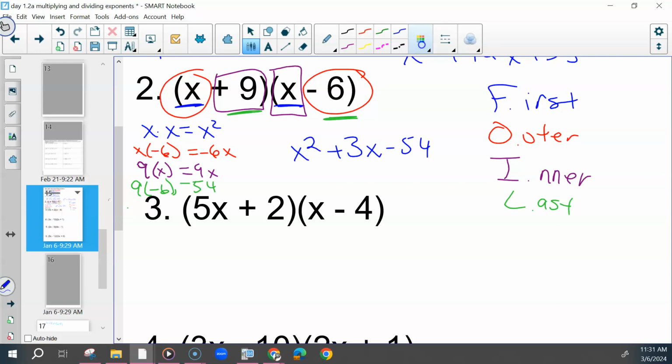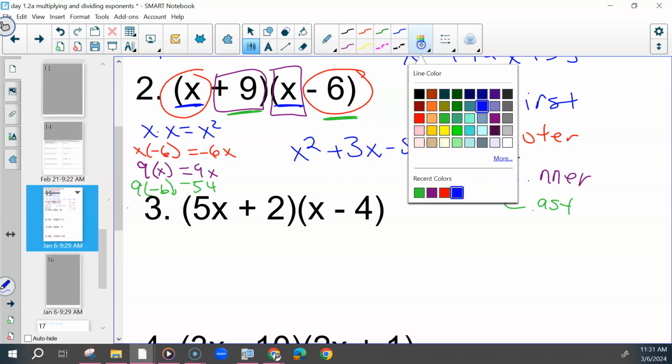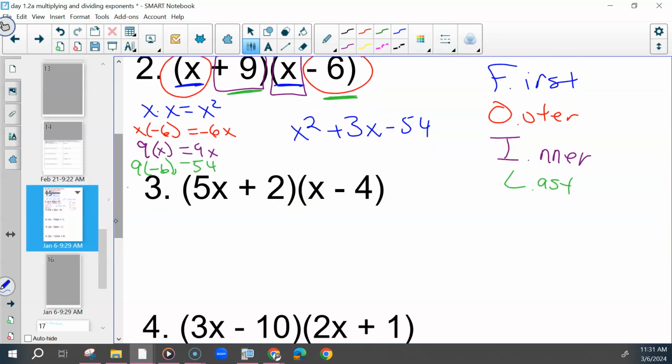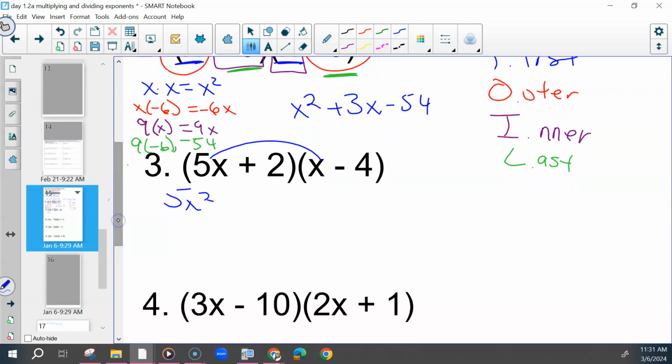Now, we're going to use the same mnemonic, but not write all that work. So if I'm doing this first, 5x times x, and if you still want to do this, you can. 5x times x would be 5x squared. And then outer, 5x times negative 4.